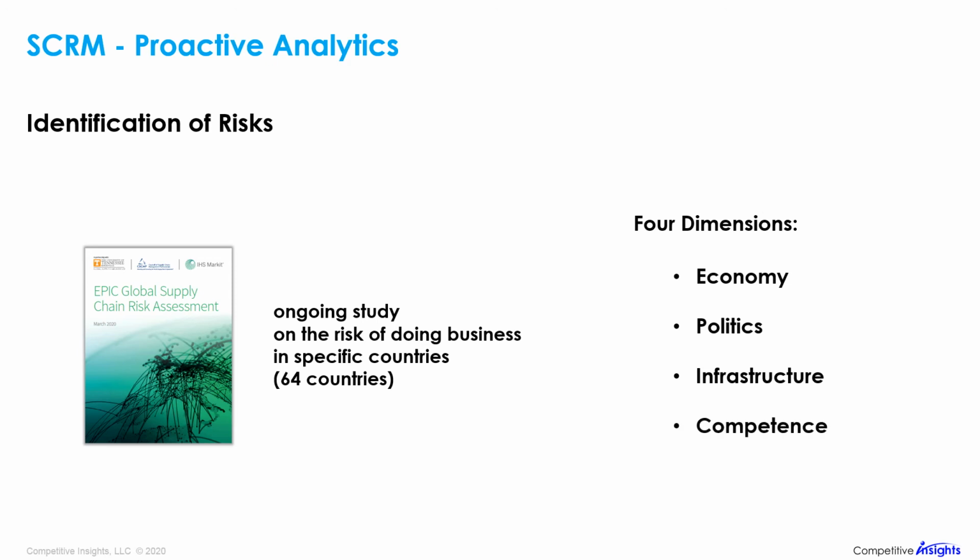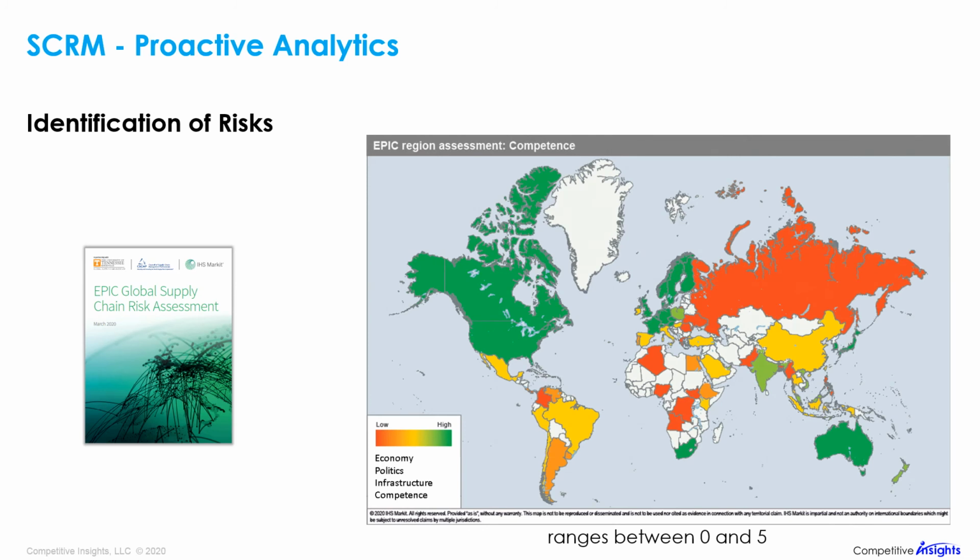And is there business competency associated with that region, so we can have resources, hire people, etc. So they created this index from 0 to 5 for each of these countries to identify areas that one should be concerned with if you're doing business in them.